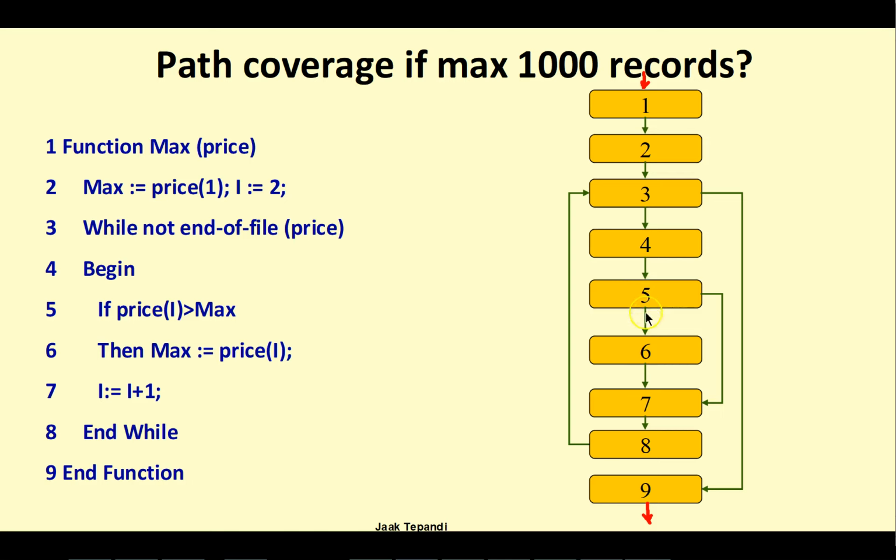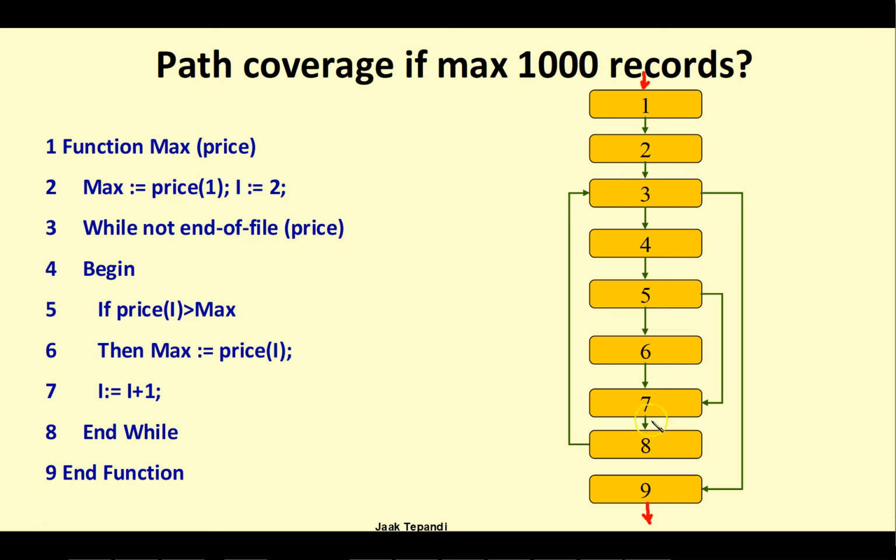Another option is that the path starts from 3, then it goes further to 4, 5, it goes to 6, 7, 8, returns back and goes to 9. Again, think which input may result in such a path. Or a path may start here, 1, 2, 3, 4, 5, omitting 6, 7, 8, returning back. Or a path might start here, going to 8, returning back.